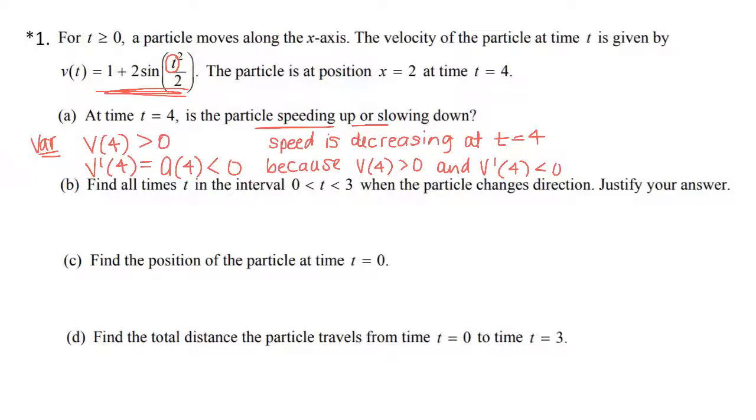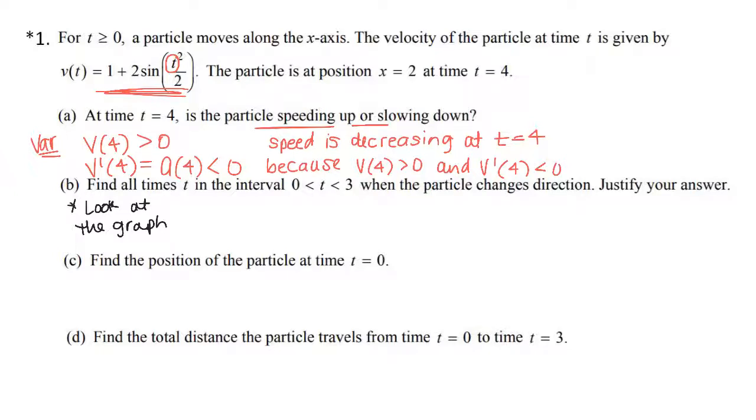You go look at the graph, don't you? So let's make ourselves a note to look at the graph. Okay, once you're looking at that graph, what do you need to go find? Because you're looking at the velocity graph, right? You have the graph of velocity. How do you know a particle changes directions?